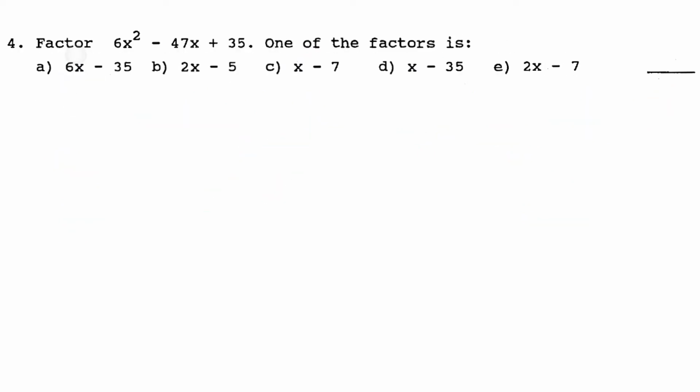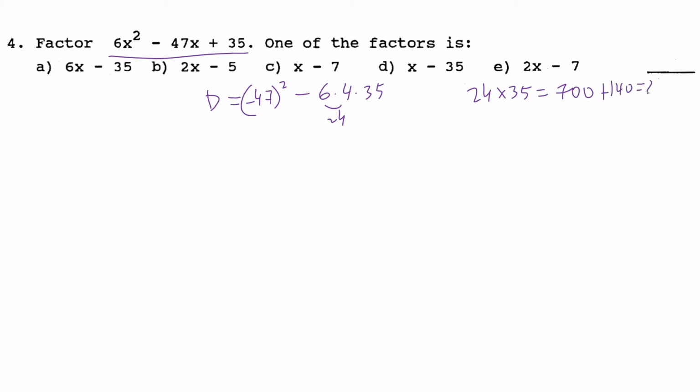So here we need to factor 6x squared minus 47x plus 35. We have to use the quadratic equation. All right, so let's do the discriminant first, which is b squared minus 4ac. So it's 47 squared minus 6 times 4 times 35. So 24 multiplied by 35 is equal to 700 plus 140. So that's 840. Now, 47 squared.